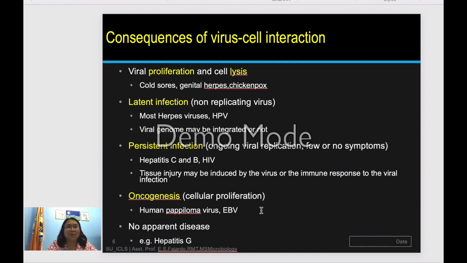So example of that are the HPV, mga warts. Although warts are benign, there are forms of HPV, like for example, the agent of cervical cancer, no, that is malignant.